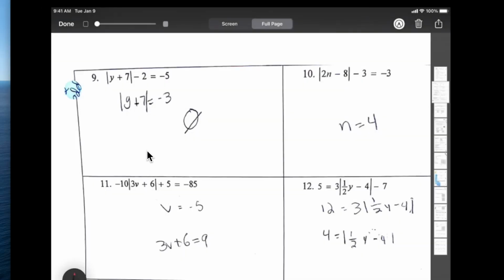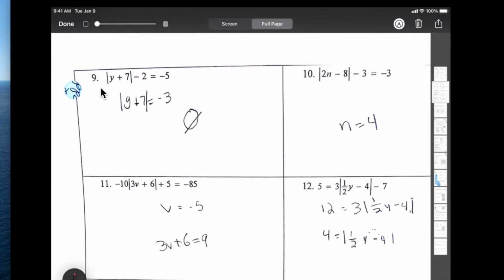Continuing on with the Algebra 1 midterm review, we are now on problem 9, and we are introduced to absolute values. Now, absolute values present some unique challenges, but nothing that we can't handle just using basic algebra techniques.